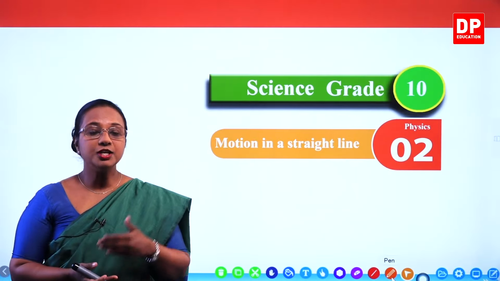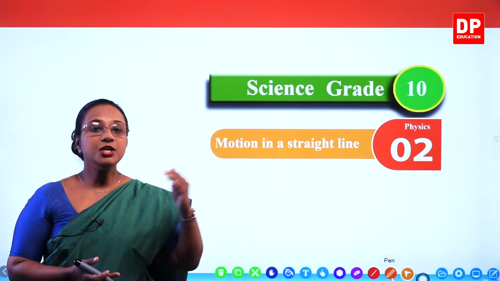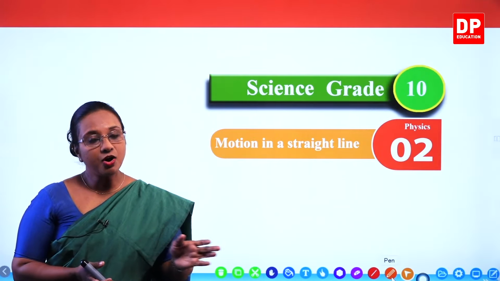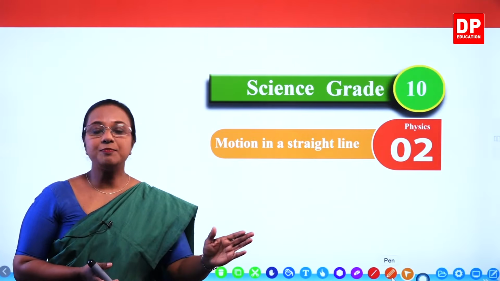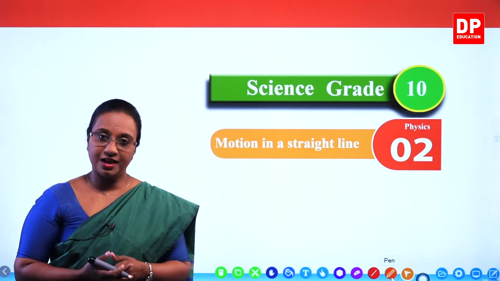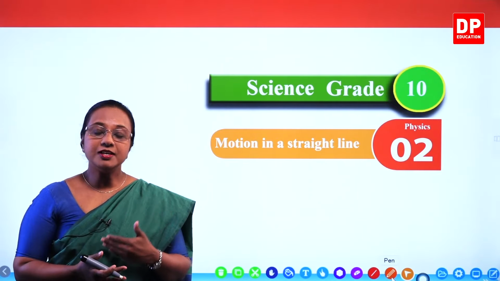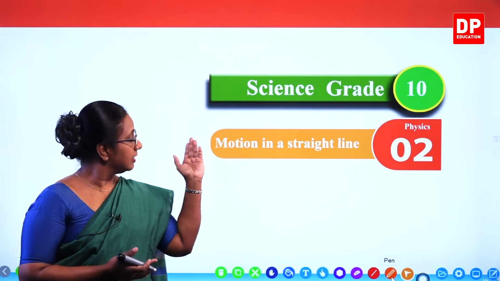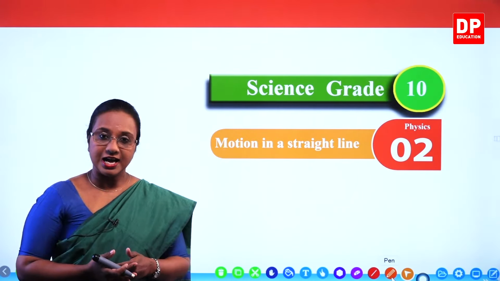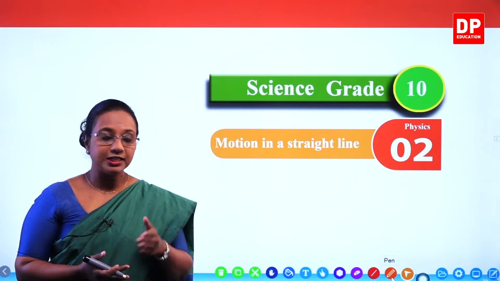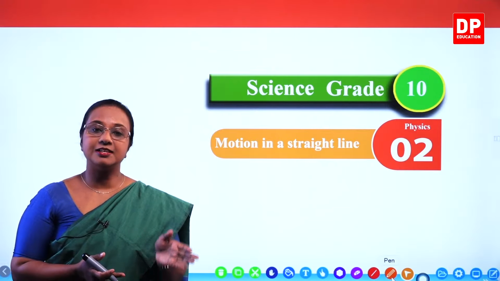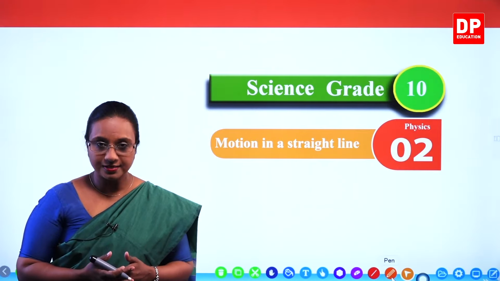When you walk, you start from one place, you have a destination where you want to reach. So, there also you use a straight path in a certain direction. So, the different types of motions that come under the motion in a straight line usually occur in a certain direction and in a certain straight line path.